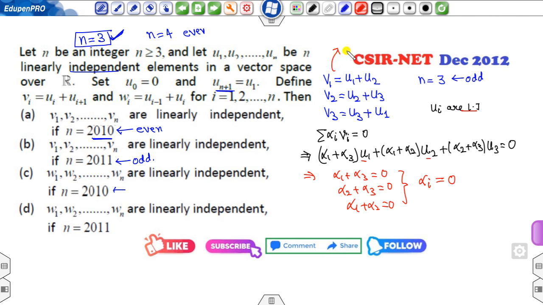That means this is linearly independent when n is odd.